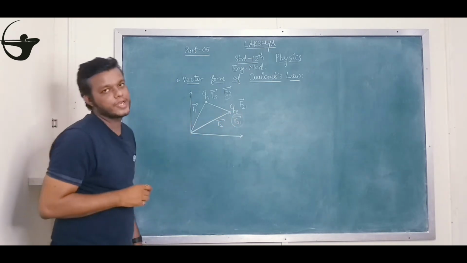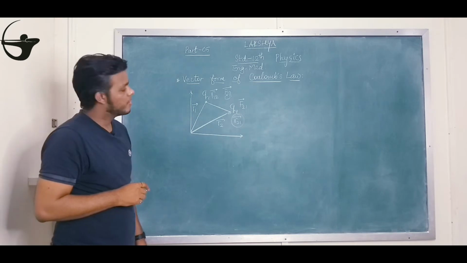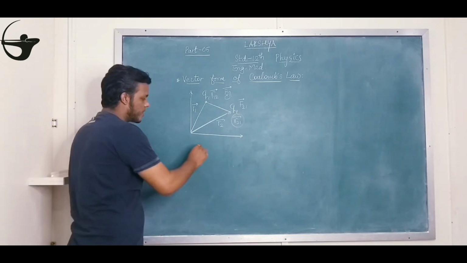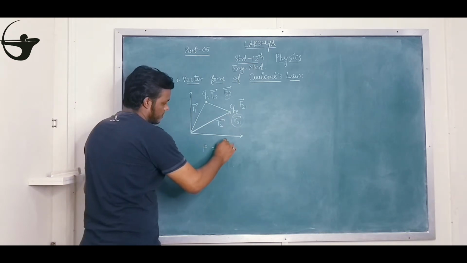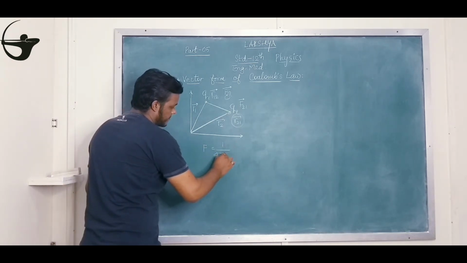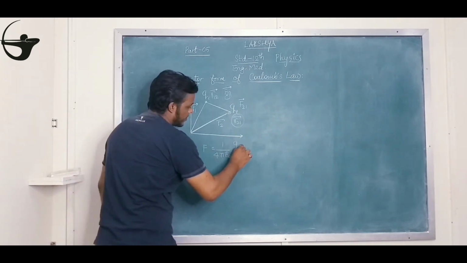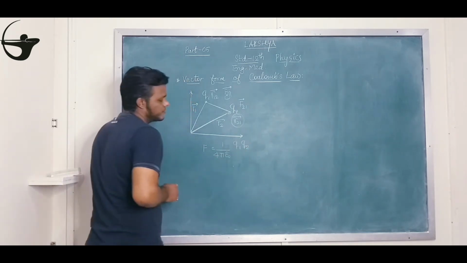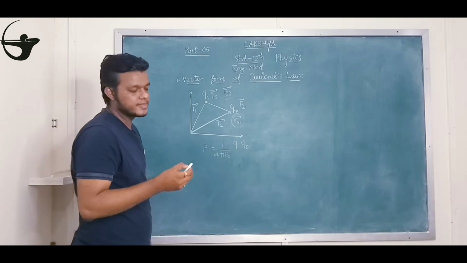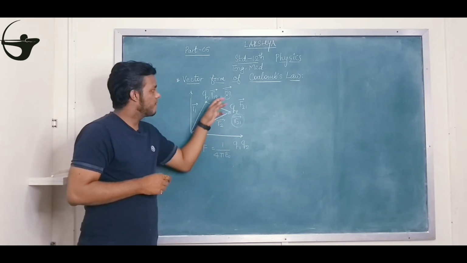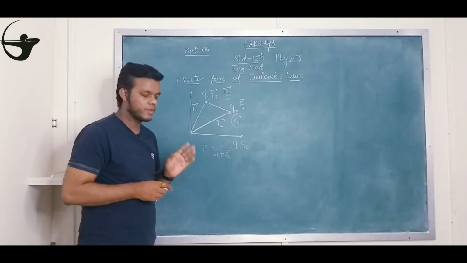Similarly, if you are finding the force by q1 on q2, then you should consider F21 bar, or r21 bar, as the distance vector. Now we know the formula of Coulomb's law, which is F equals 1 upon 4 pi epsilon 0, or K, q1 q2. q1 and q2 are scalar quantities, so there is no need to mention them in vector form.